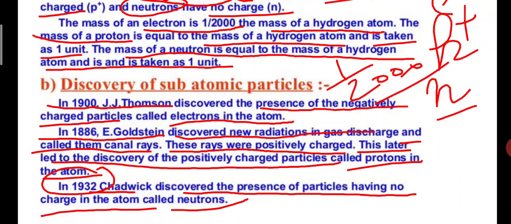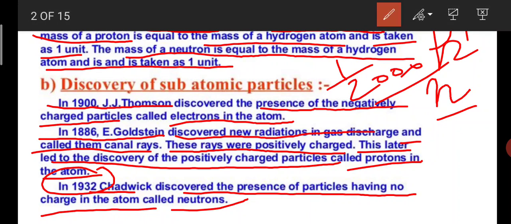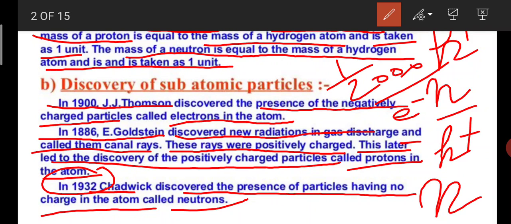So you should learn this. In general, the electron is represented by e minus, e negative, the proton is represented by p plus, and the neutron is represented by n.